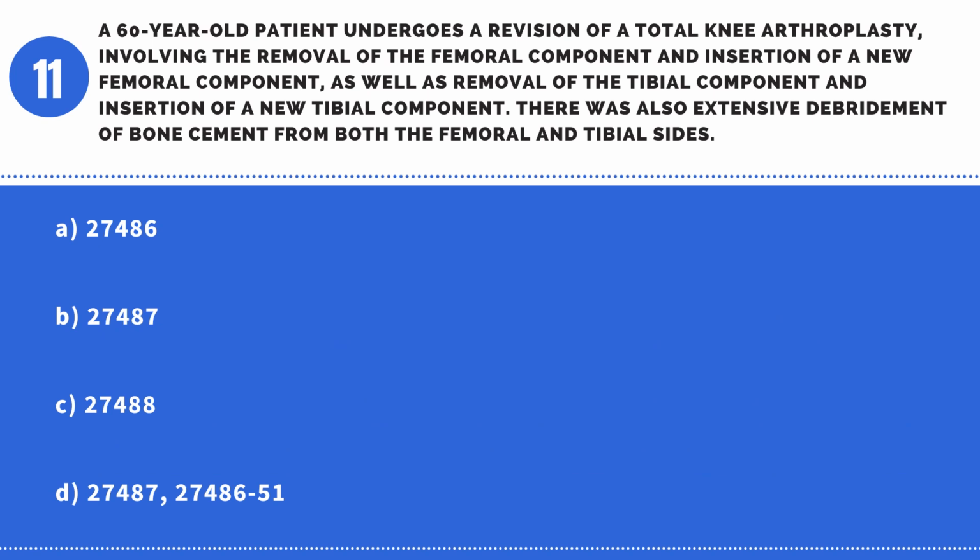Question 11. A 60-year-old patient undergoes a revision of a total knee arthroplasty, involving the removal of the femoral component and insertion of a new femoral component, as well as removal of the tibial component and insertion of a new tibial component. There was also extensive debridement of bone cement from both the femoral and tibial sides.